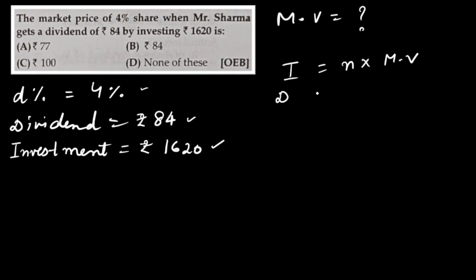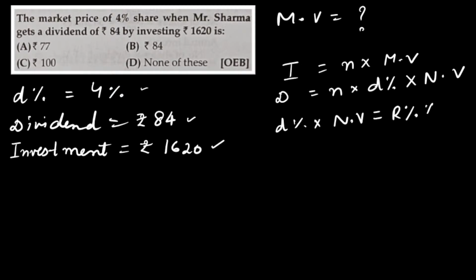Second, dividend, capital D, equals number of shares into dividend percent into nominal value. And the third one, dividend percent into nominal value equals return percent or profit percent into market value. So which formula can we use here?